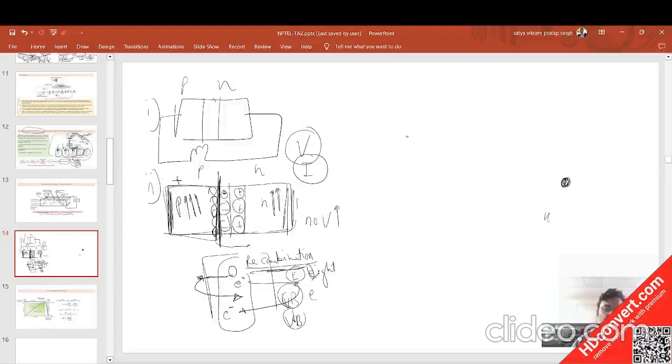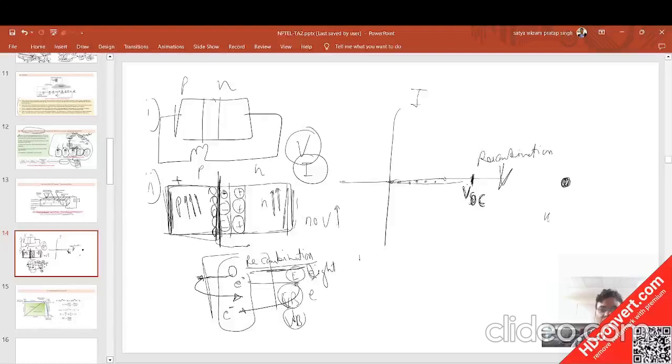So if we draw an IV curve, if we keep on increasing this potential, a limit will come, that we call VSC, sorry, V open circuit, because it is in open circuit condition. At a certain potential, after that there will be no potential increase. Why? Because the recombination is happening.